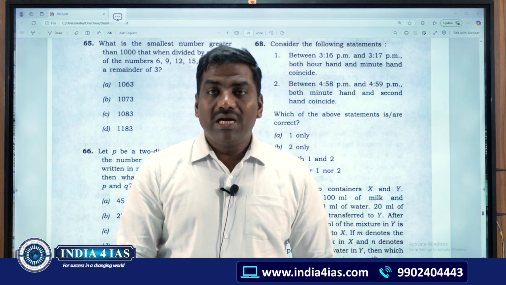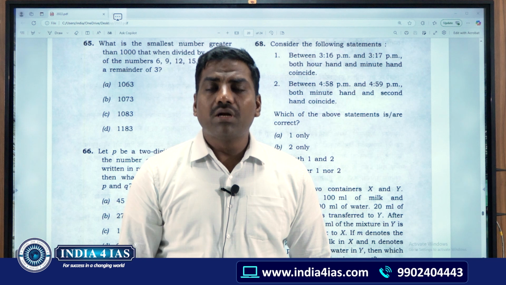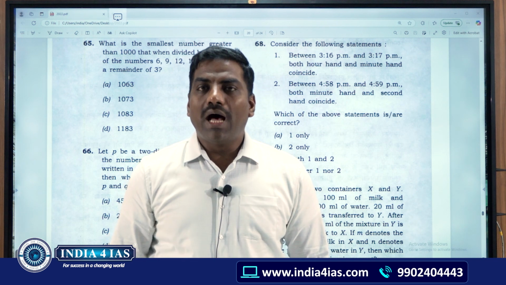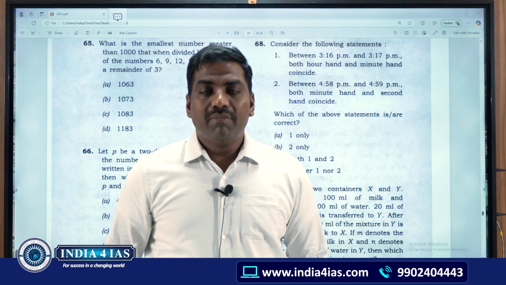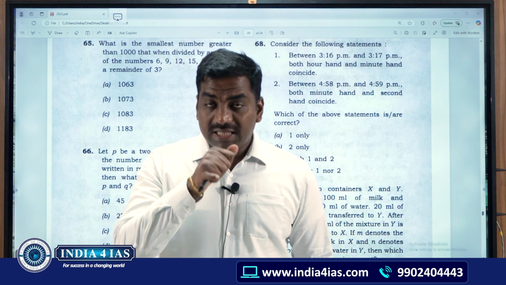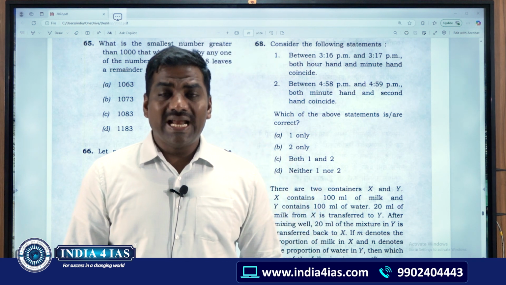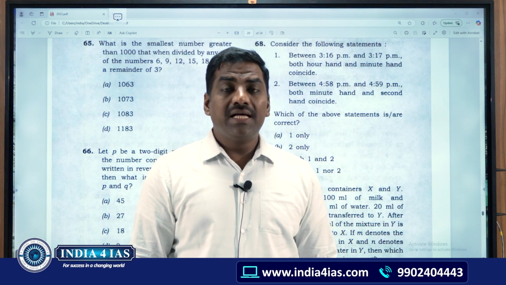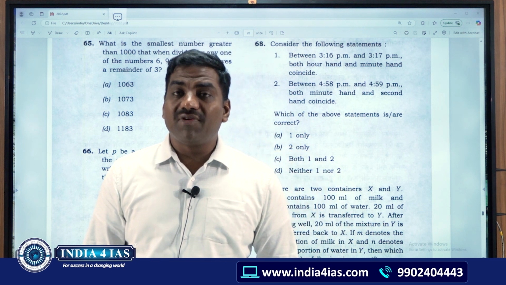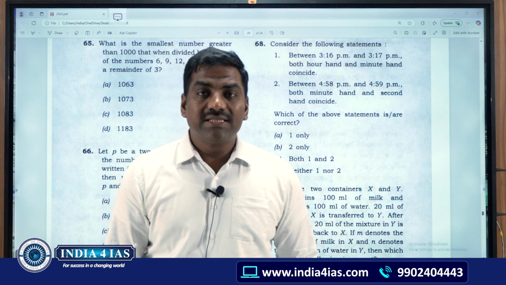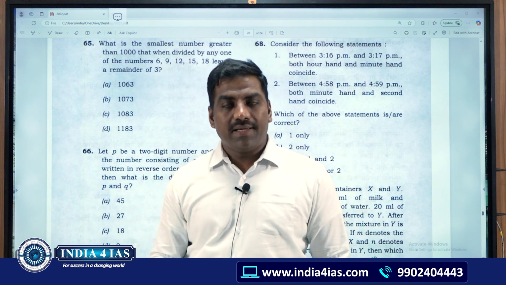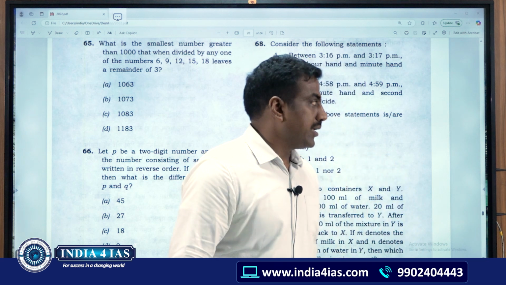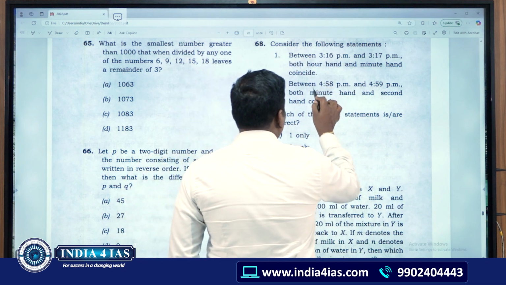By the time it finishes one round, the minute hand has just moved by a bit, that is 1 minute. So basically, the speed of the second hand is 60 times faster than the minute hand. In that case, it is very difficult to see where that is coinciding. But every minute, it will have the coinciding point. But here they are asking 4:58.